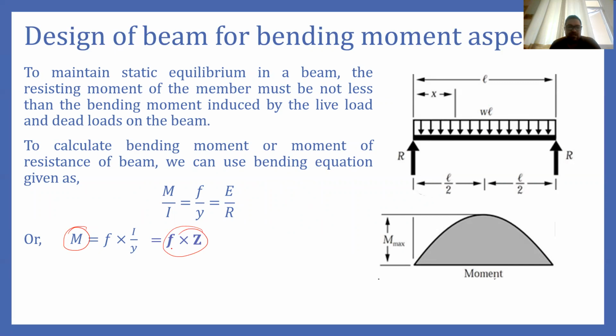If we know the bending stress and the section modulus, we can easily calculate the maximum bending moment. Or if we don't know the bending stress, then if we have the load value and the length, we can calculate the reaction, and after that we can work out the bending moment at the center. So these are two methods with which we can find out the maximum bending moment.